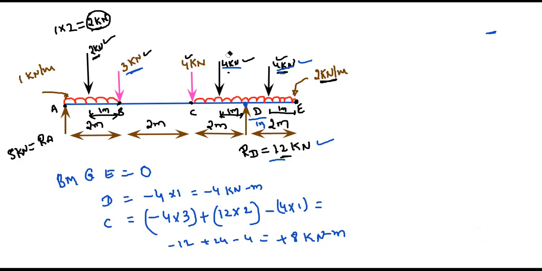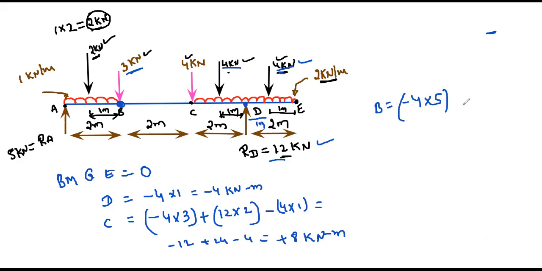If I'm calculating the bending moment at B, I should know what are the moments acting to the right of this. To the right of this, I have minus 4, this force, into distance 2 plus 2 plus 1. Sorry, it is 5. 2 plus 2 plus 1.